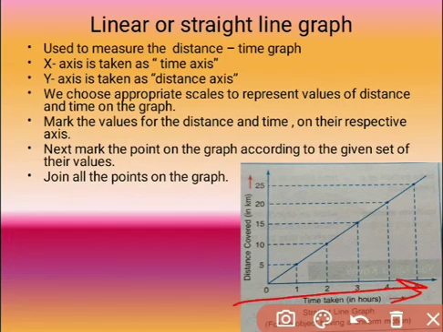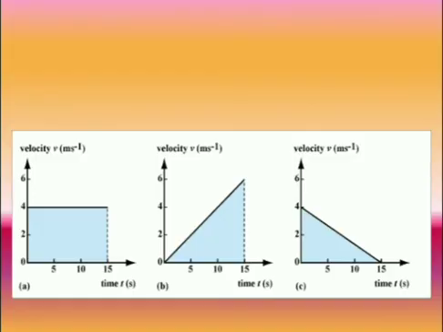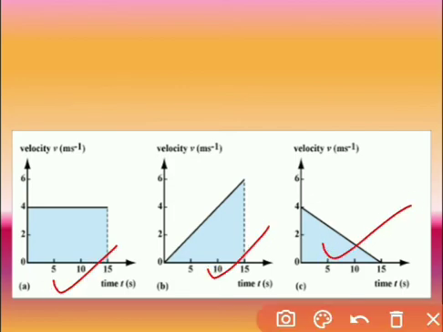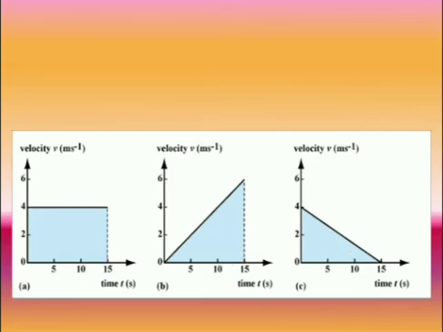In the time axis, that is the x-axis, we have selected the scale as 1, 2, 3, 4 and 5. So, a straight line graph can be drawn in so many different ways.